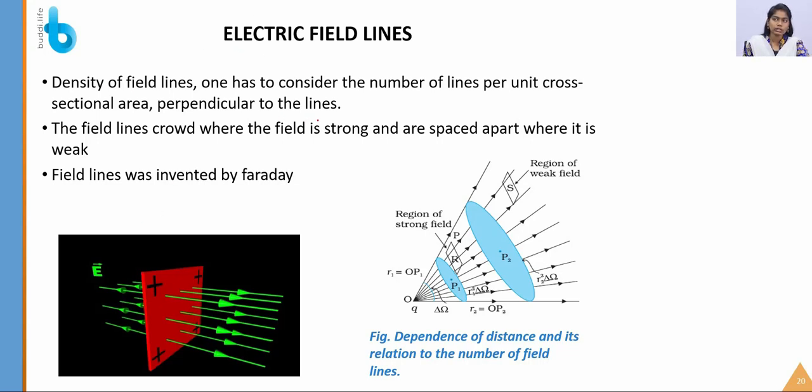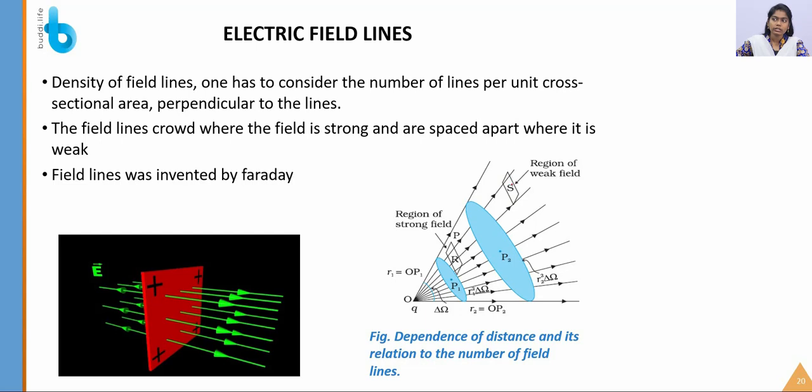For the density of the field lines, one has to consider the number of lines per unit cross-sectional area perpendicular to the lines. Let me consider this example. I am taking a small area in this part and also the same area in this part. Which area has a stronger electric field?